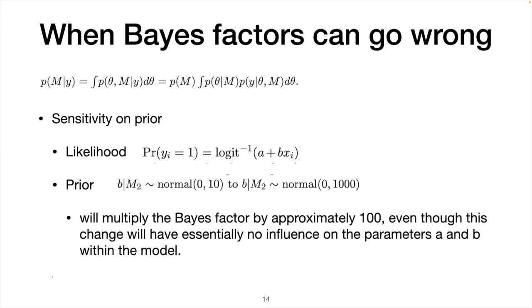So automatically, you would prefer this model 100 times more than the other, even though they have no influence on your parameter inference or on your prediction. How can you have two models that are essentially the same, but you prefer one model 100 times more than the other? That's just not desired.